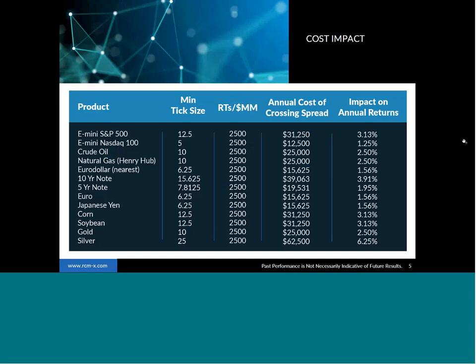And as you can see with these numbers, that actually digs into your returns in a material way, costing you from a couple percent to over 6% on an annualized returns basis.